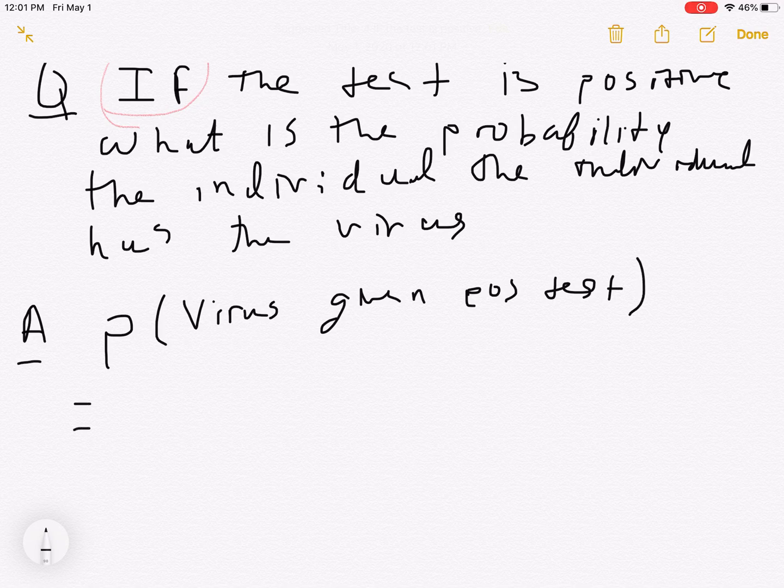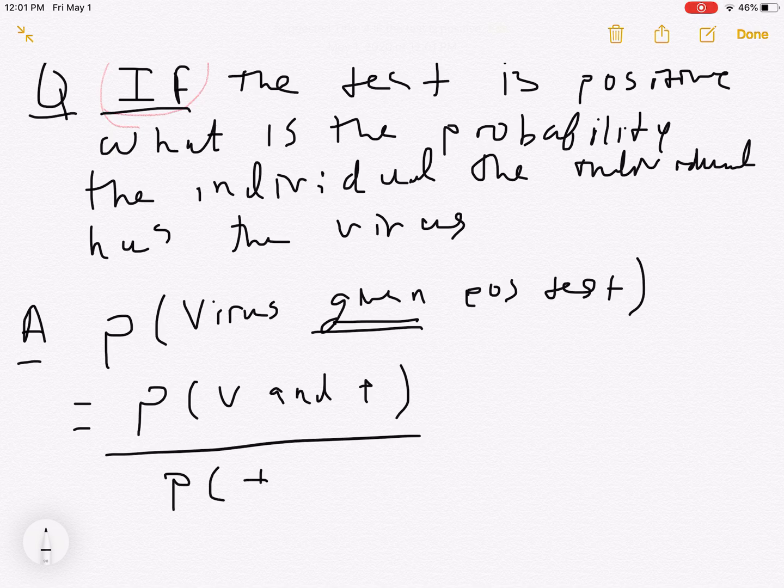Because this is a given with that keyword right here, there's a very specific way to calculate this. This is the probability of virus and positive divided by probability of positive. We calculated probability of virus and positive. That's that 1.9%, 0.019, divided by the probability that just anyone in the population tests positive.